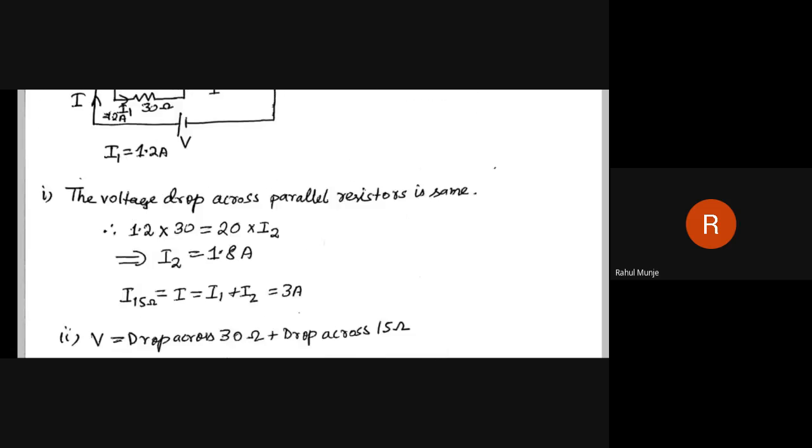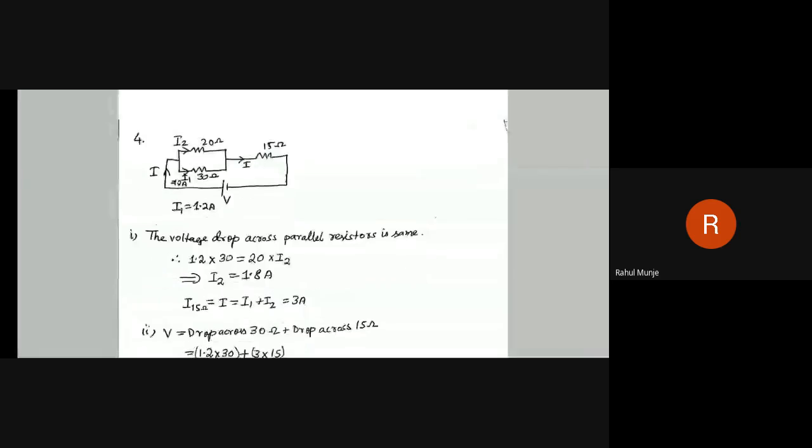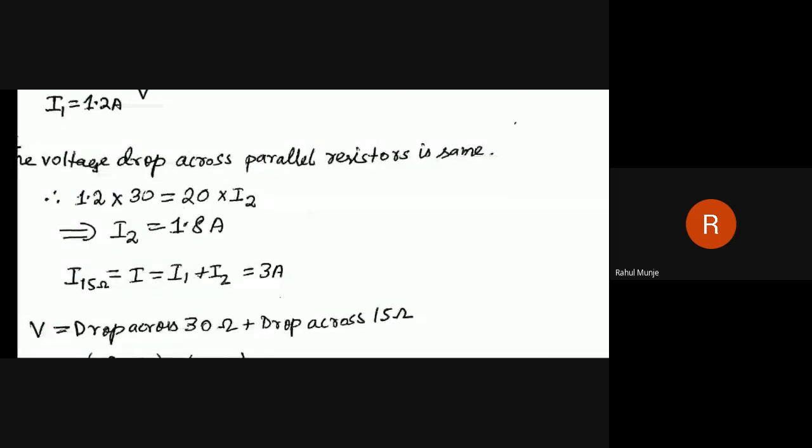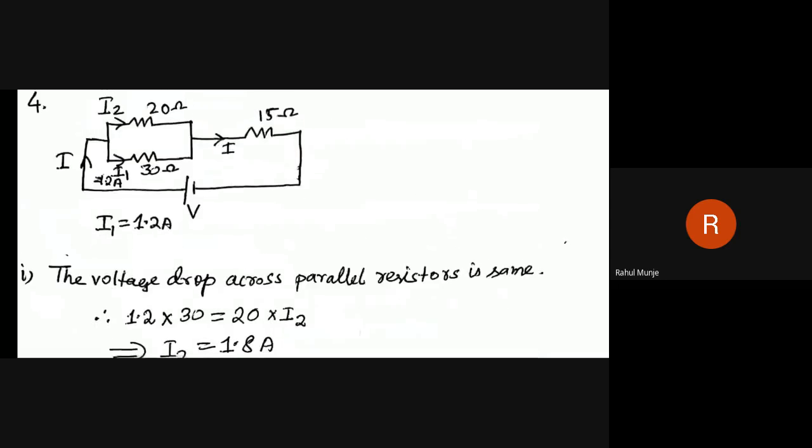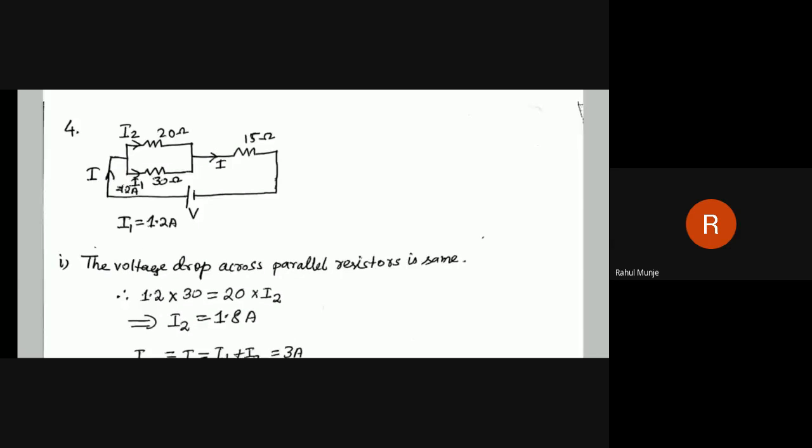So add up that with 3 into 15, because 3 is the value of current flowing through this 15 ohm resistance. We just found out that 3 ampere it is coming. So 3 multiplied by 15. Now you get the total voltage, which is coming as 81 volts. V will be equal to 81 volt.